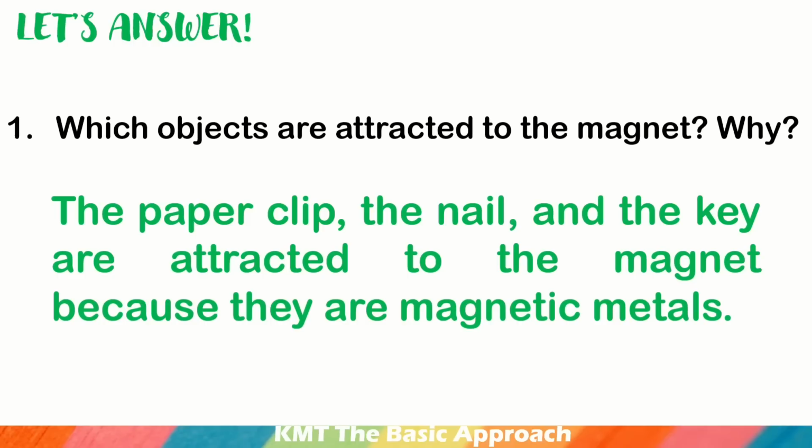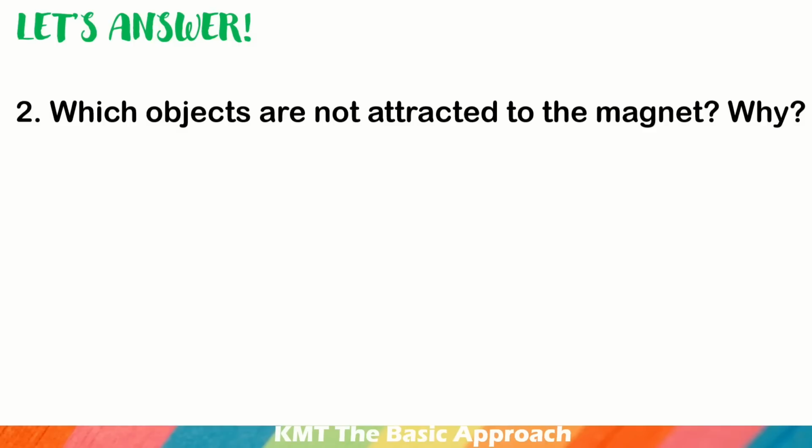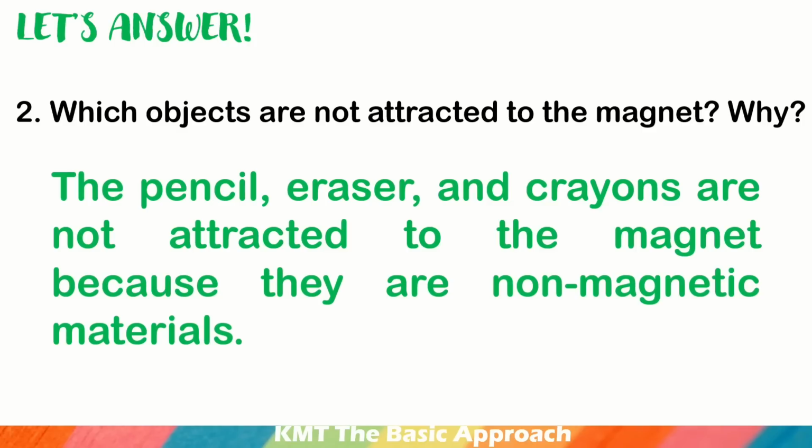The paper clip, the nail, and the key are attracted to the magnet because they are magnetic metals. Number 2. Which objects are not attracted to the magnet? Why? Very good. The pencil, eraser, and crayons are not attracted to the magnet because they are non-magnetic materials.